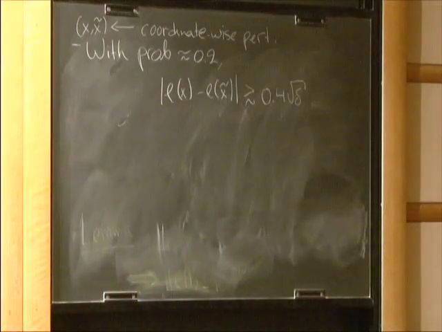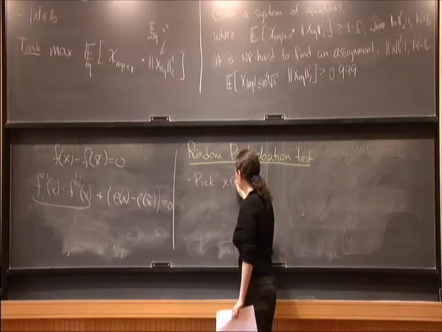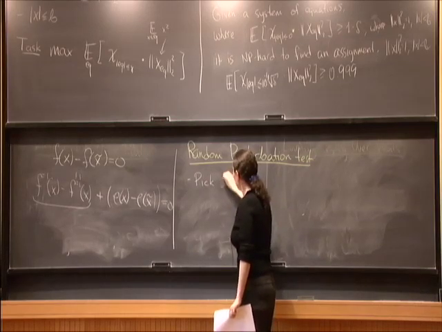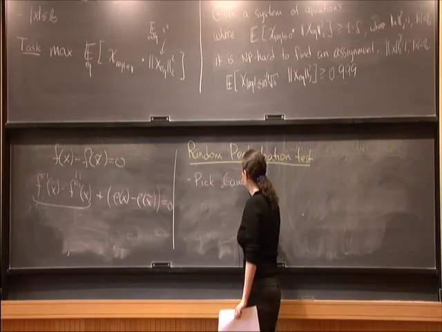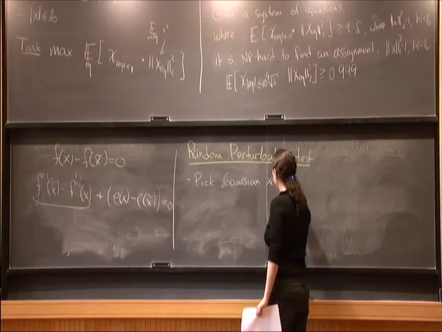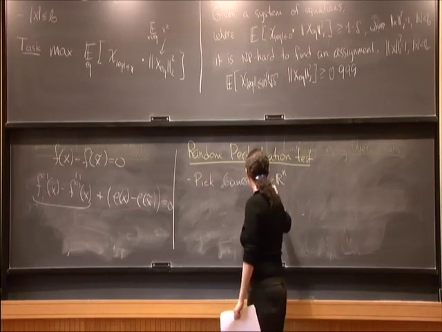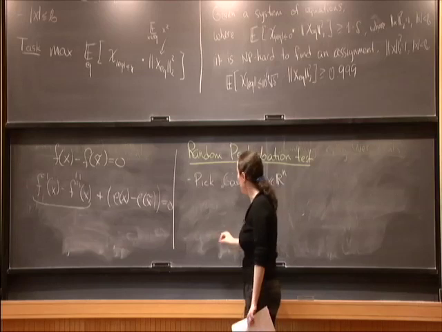Okay, so now we can look at a different distribution where we pick x Gaussian, in R^n, and we'll pick also a y as before.